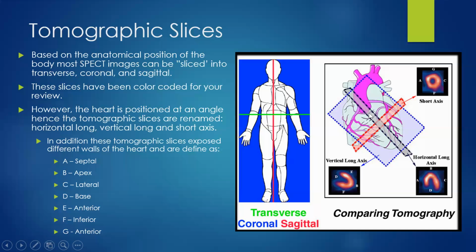And actually, if you spun this around and straightened this out along with the actual regular anatomy of the body, you could then rename vertical long to coronal. You could rename short axis to transverse, and you could rename horizontal to sagittal.